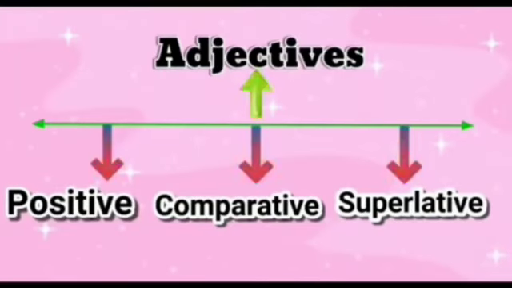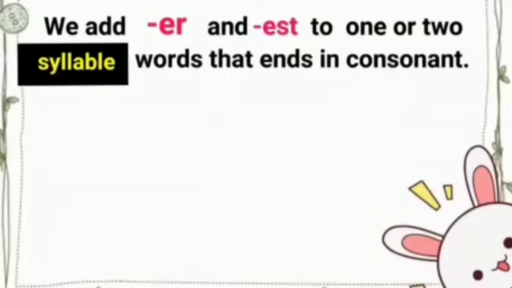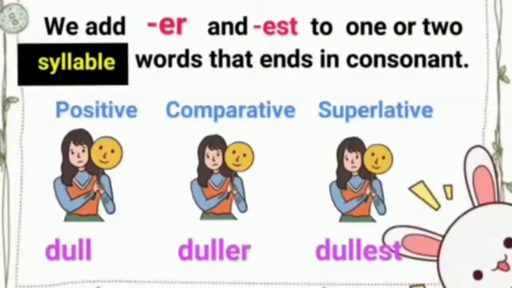Now, children, here are some rules by which you will get to know how to change adjectives into comparative and superlative. We use er and est with words of one or two syllables that end in a consonant. A syllable is a word or part of a word which contains one vowel sound. For example, dull.